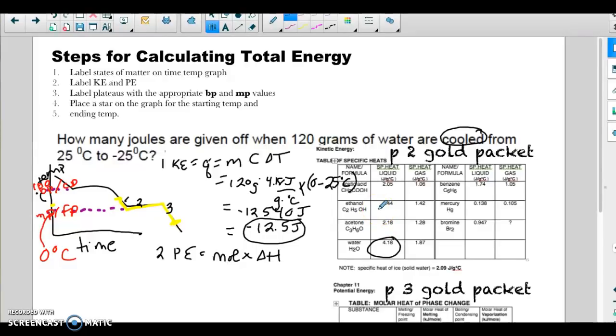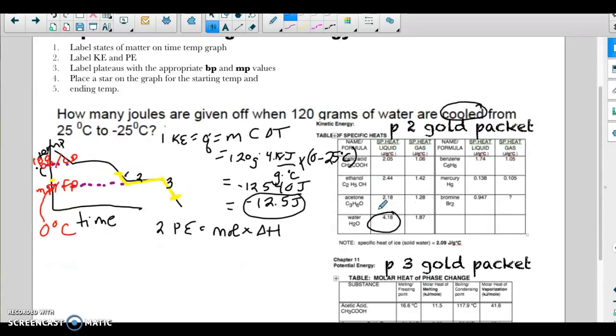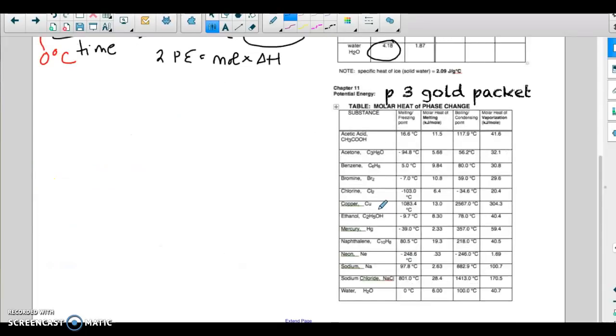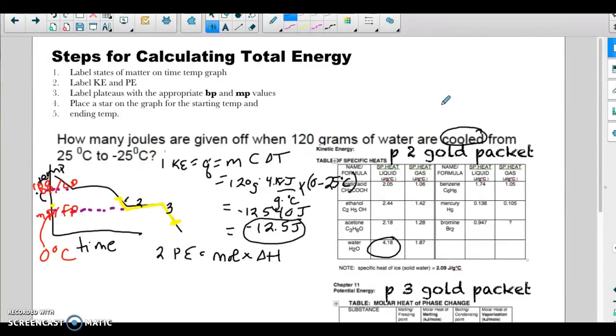And that can be found on your gold packet, page 3, dealing with water. So the value is 6 kilojoules per mole. For the heat of melting, we are going to use it as a heat of freezing or fusion because we're in the cooling process. So we would want to take and use the negative value.